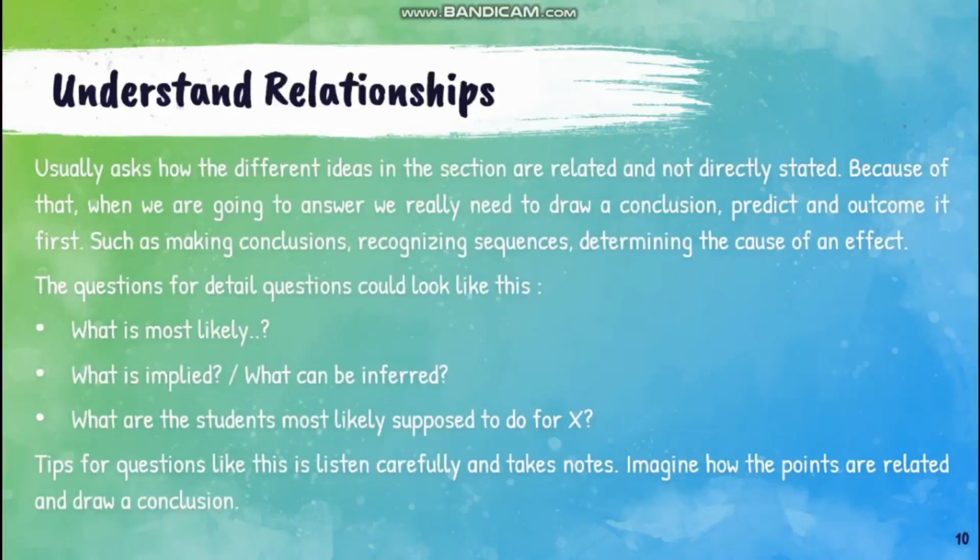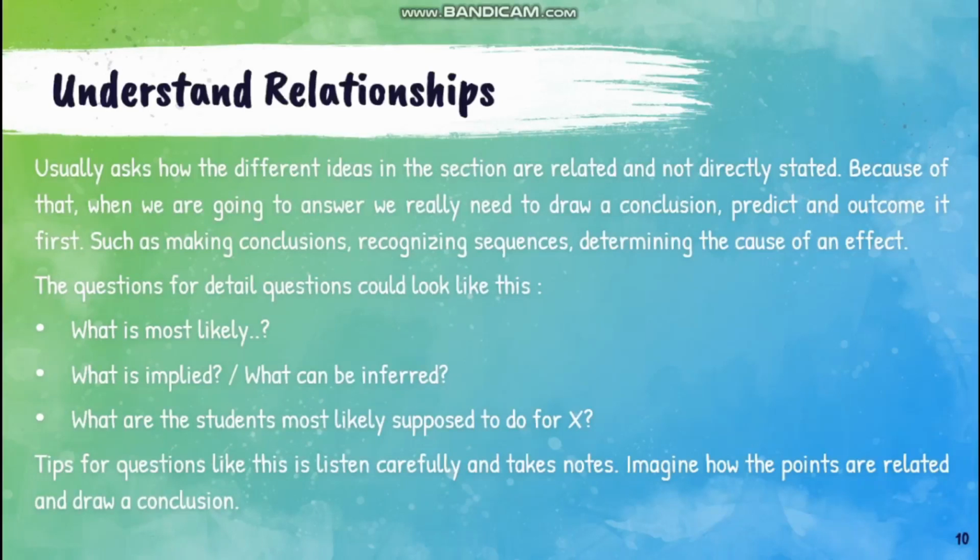Okay, the next type is understand relationship. These usually ask how the different ideas in the section are related, which is not directly stated. Because of that, when we answer, we really need to draw conclusions and predict outcomes first, such as making a conclusion, reorganizing sequences, or determining the cause of an effect.